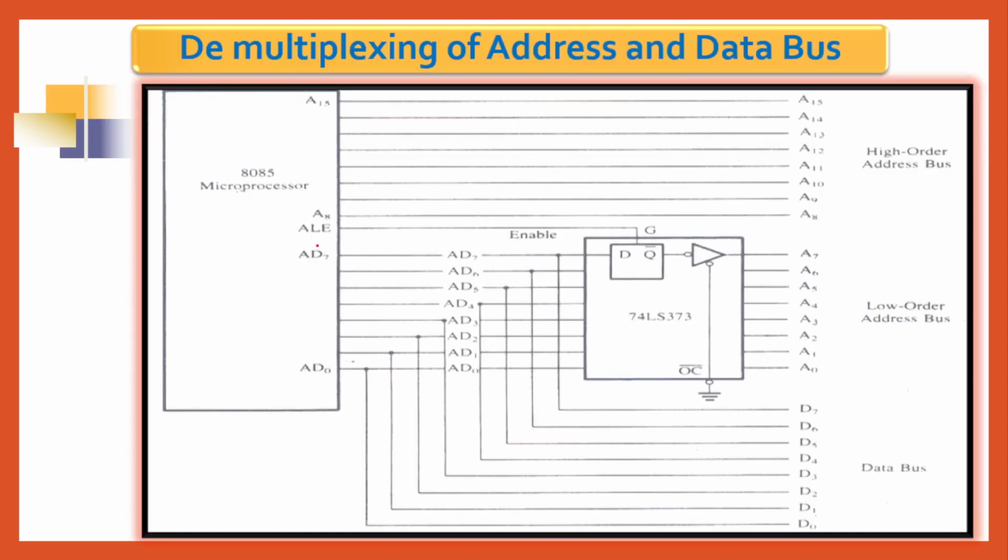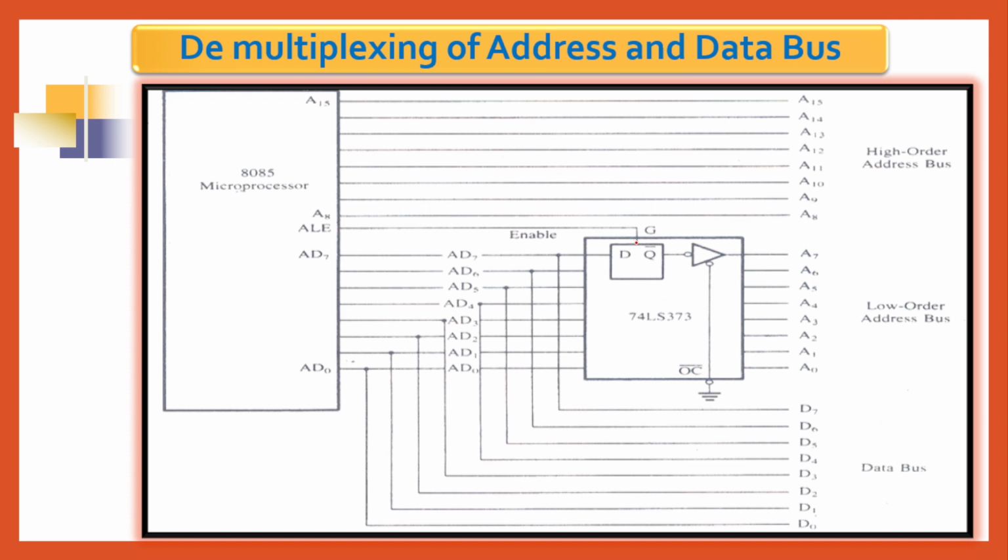Look at this: AD0 to AD7 is given into a latch. The latch is a single-bit memory. It will remember whatever input you have given. So that's the latch here, an 8-bit latch, with an enable signal, ALE.